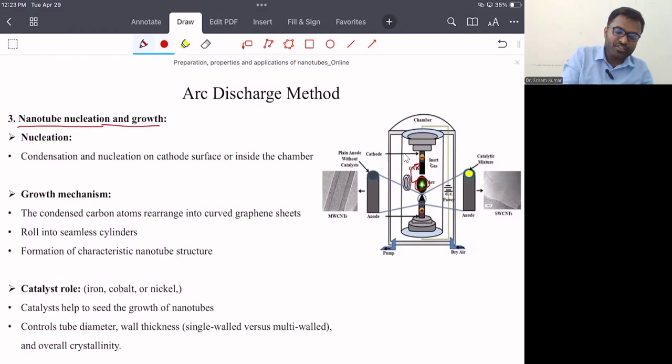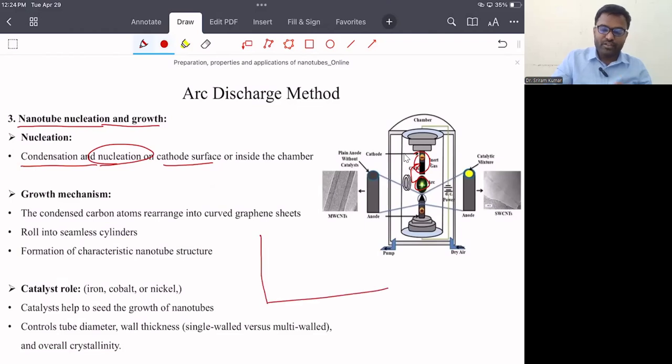A condensation process happens at this cathode surface, and once we get enough concentration of carbon on this cathode material, the nucleation process starts.